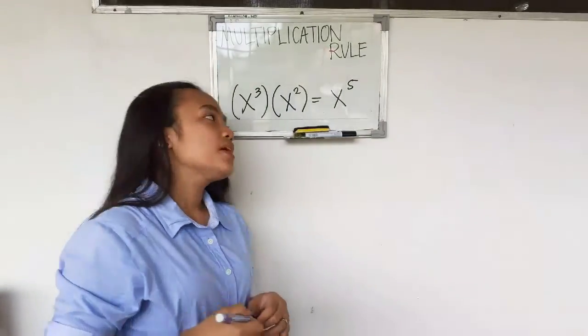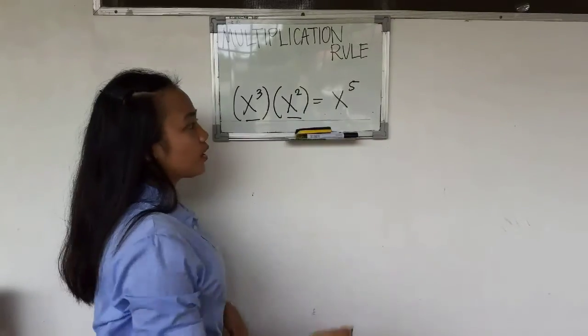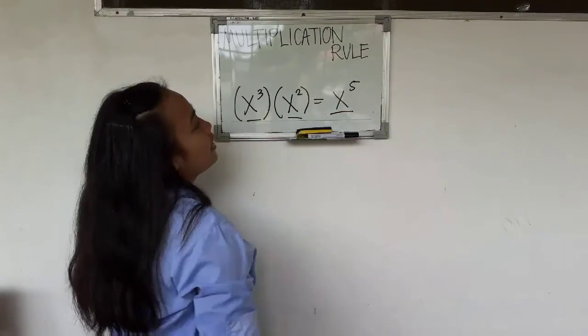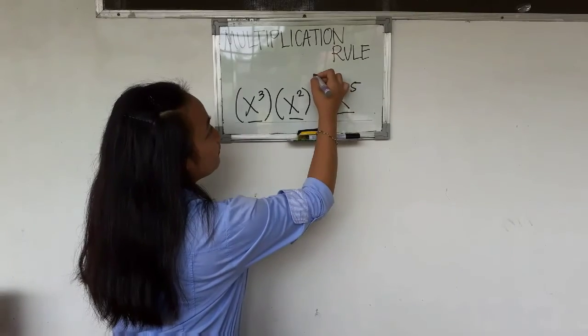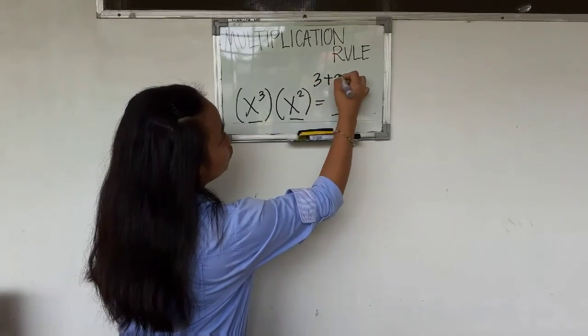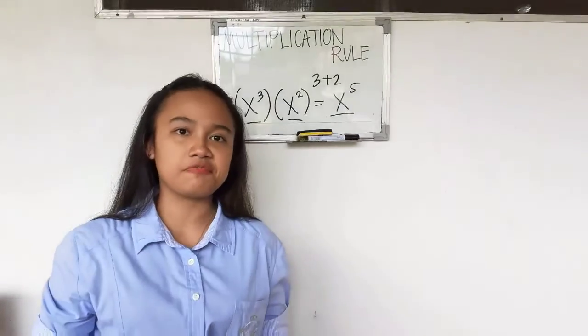As you can see, they have the same base, which is x. So copy the x and then add the exponents, which are 3 and 2, and it will give you x raised to the power of 5.